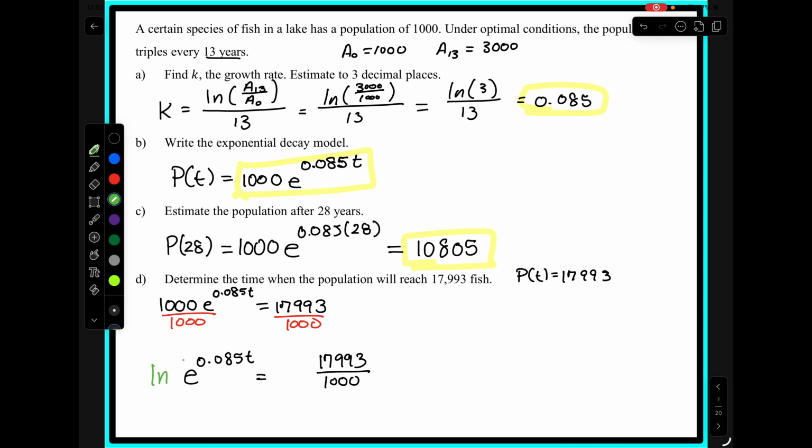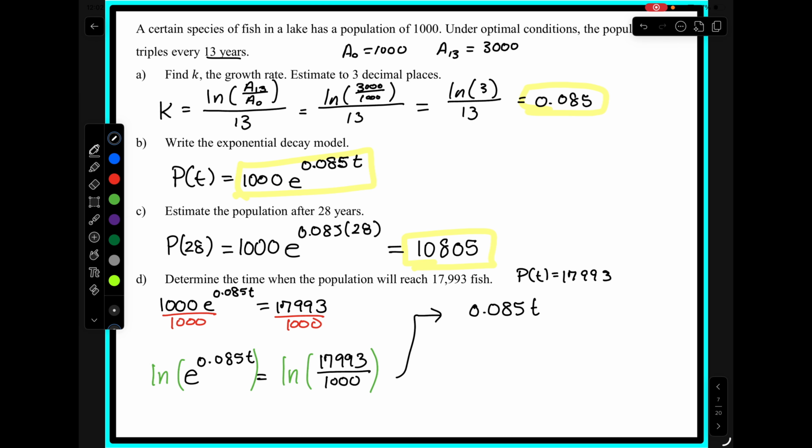I'm going to take the natural log of both sides. So 0.085t equals the natural log of my 17,993 divided by the original value of 1,000, and then dividing that number by 0.085.